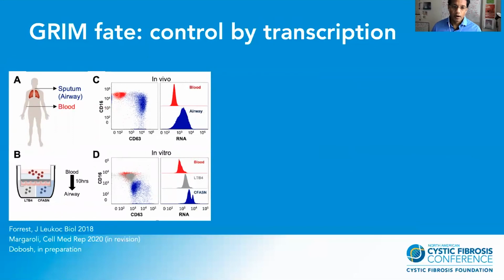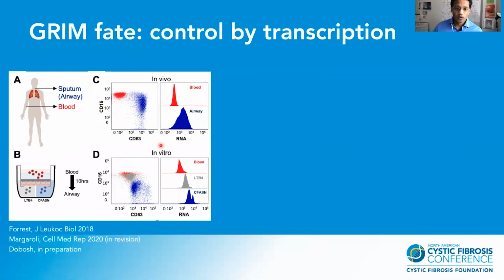That is, here if you compare blood to sputum or pre-transmigration to post-transmigration into the CF ASN, there's an increase in CD63, which is a marker of the exocytosis of those granules, and a decrease in CD16. CD16 is cleaved by elastase.